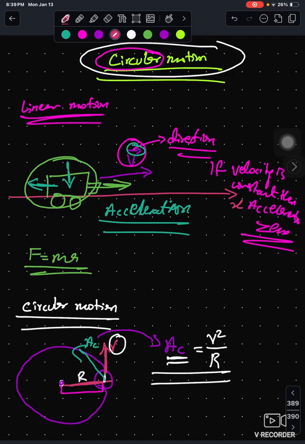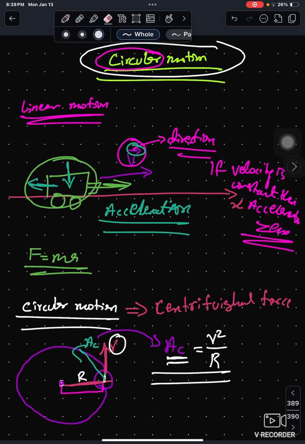When we talk about circular motion, there's one important force which is always mentioned, known as centrifugal force. I may have spelled it incorrectly, but whatever, our main thing is the concept.